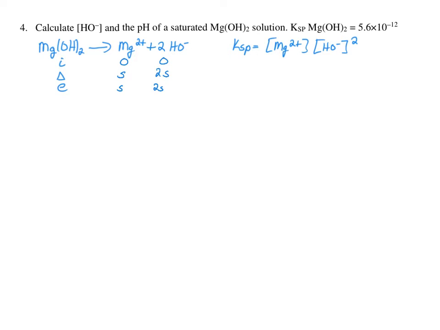So we can substitute into our equilibrium constant expression S times 2S quantity squared, or 4S to the third. So Ksp is going to be equal to 4S to the third.